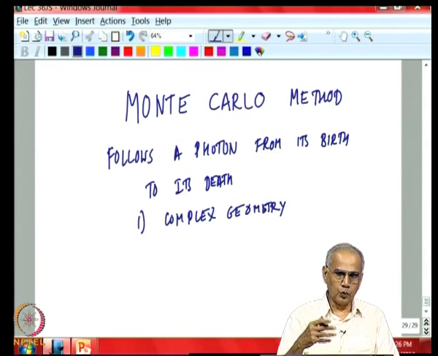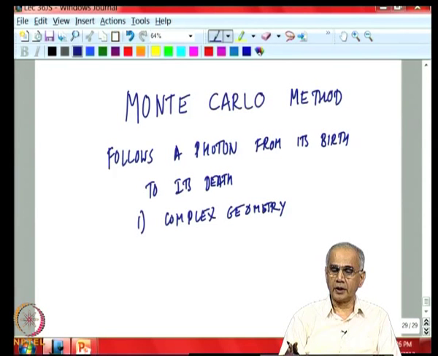But as you get towards a very complex geometry, it is very difficult to solve the problem by conventional methods. Monte Carlo method does not worry about the complexity of the problem. The only challenge is it takes a certain minimum time to set up the problem, and once the problem is set up, it can handle problems with very complex geometry without any difficulty. Because essentially it is a method which just follows the life of millions of photons.